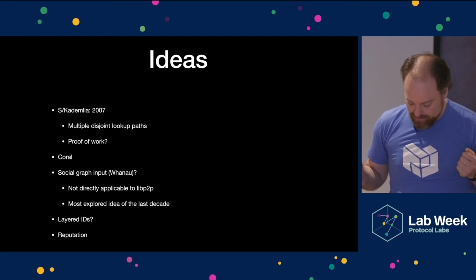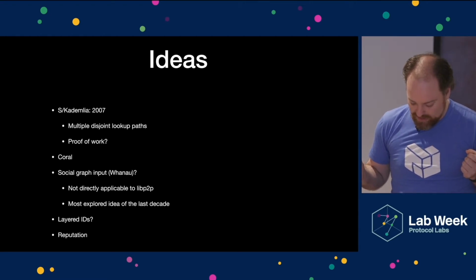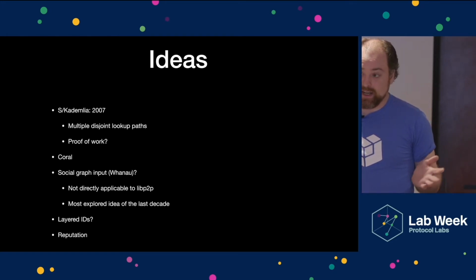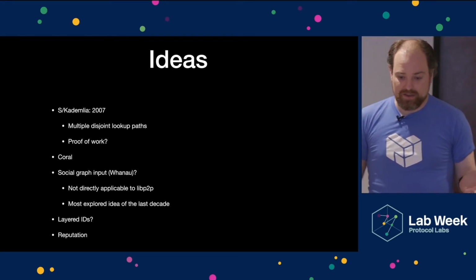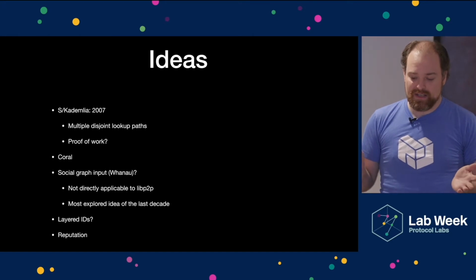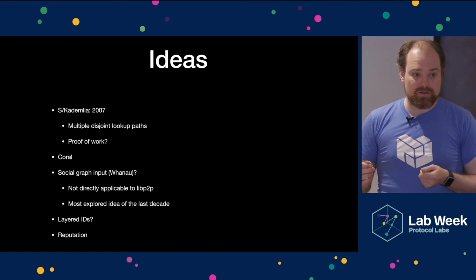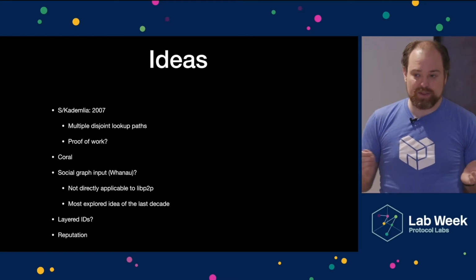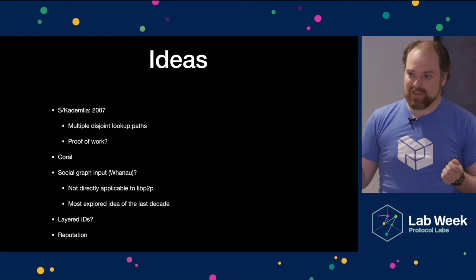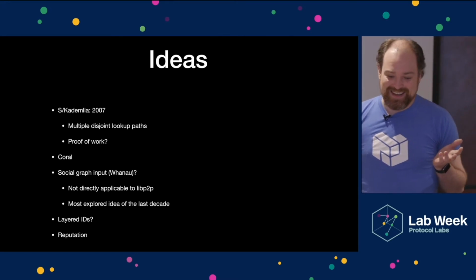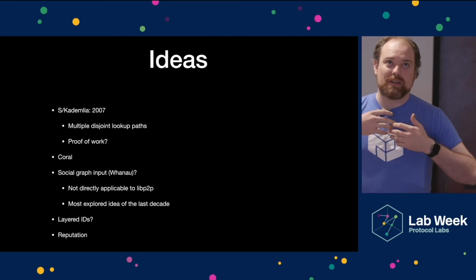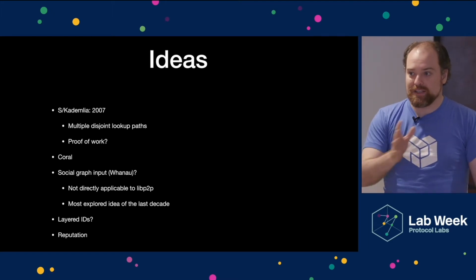I think I'll skip Coral, but probably the most interesting idea in the last decade or so around DHT security is taking a social trust graph as input. There's a paper called Whanau, spelled W-H-A-N-A-U, that originated this whole branch of research.